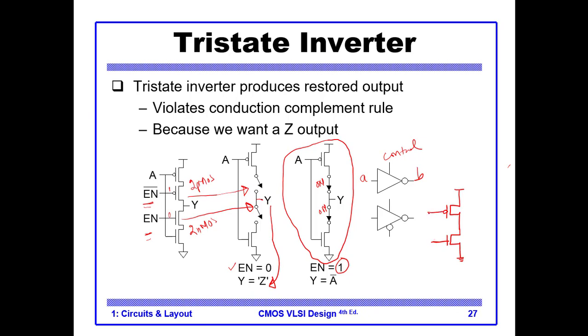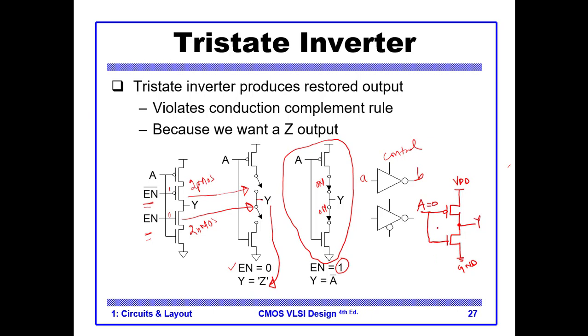So this is our input A. From here we take our output. Here is our VDD. Here is our ground. So what is this circuit? Imagine if we apply a 0.